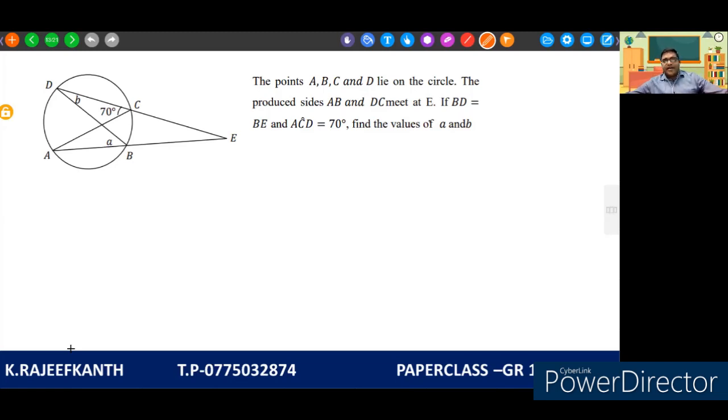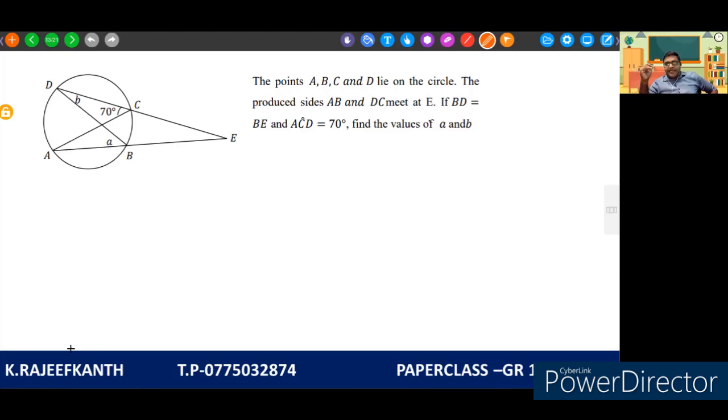So here first one, the points A, B, C, and D are on the circumference of the circle, so that ABCD is a cyclic quadrilateral. So we have to get an idea like this.